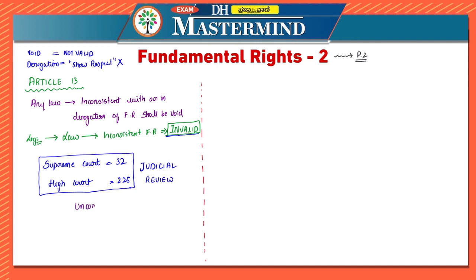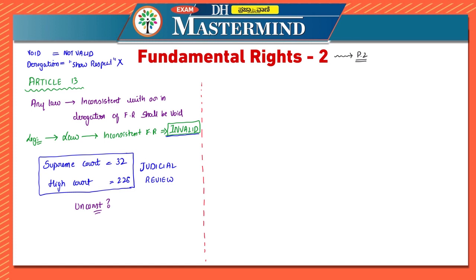When will they declare it as unconstitutional? When it becomes inconsistent with fundamental rights, they can declare it as invalid on the ground of contravention of any of the fundamental rights.